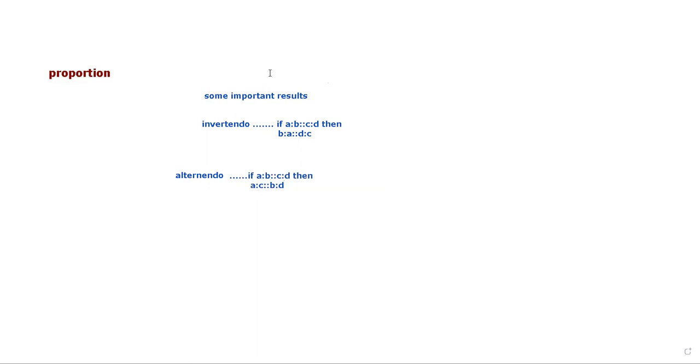We have another concept that is something called as componendo. Clear? What is the meaning of this componendo? Componendo is very simple.